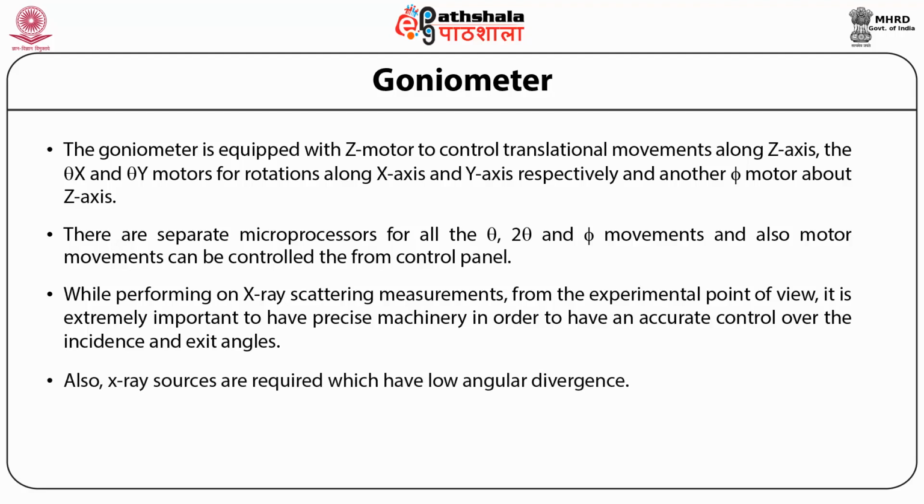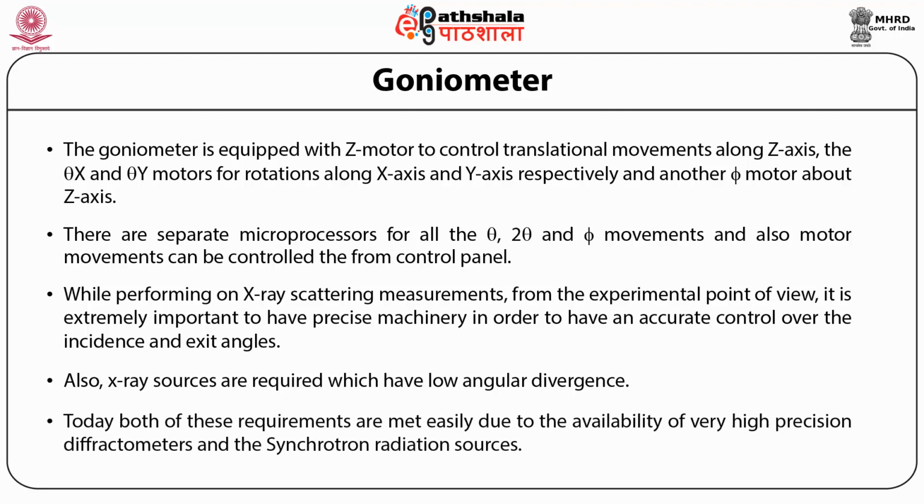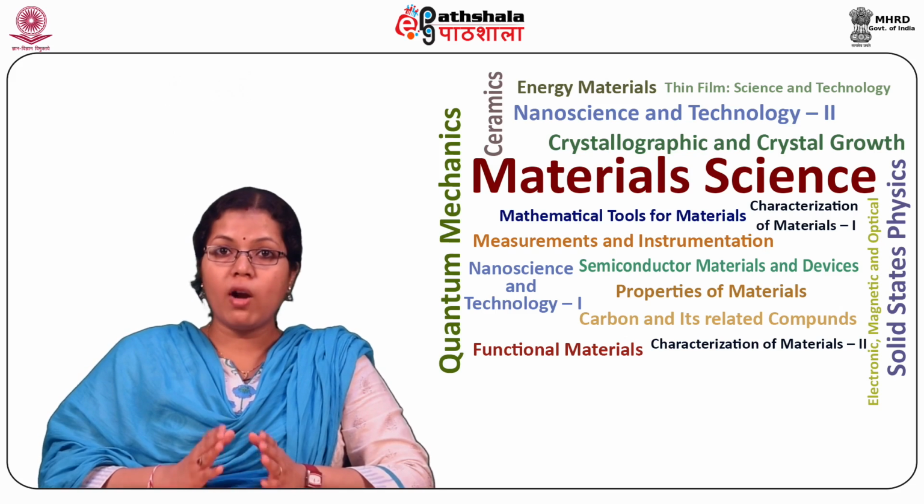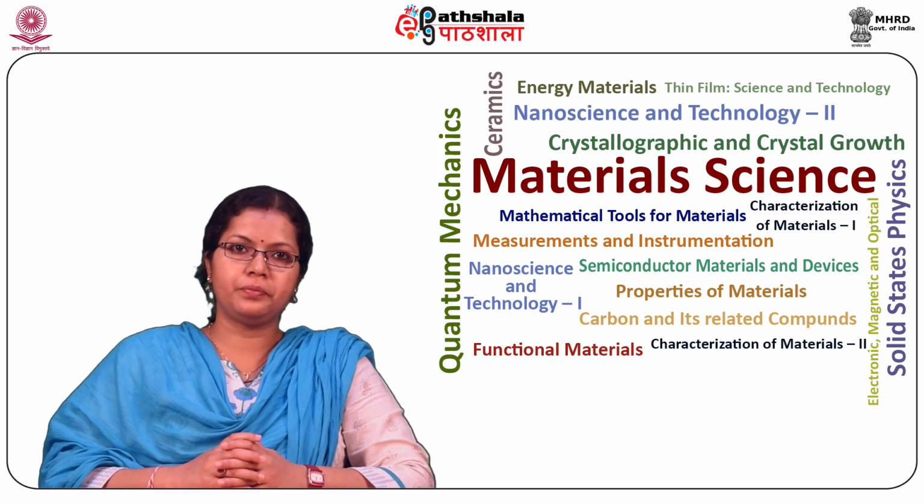Also, X-ray sources are required which have low angular divergence. Today, both of these requirements are met easily due to the availability of very high precision diffractometers and the synchrotron radiation sources.